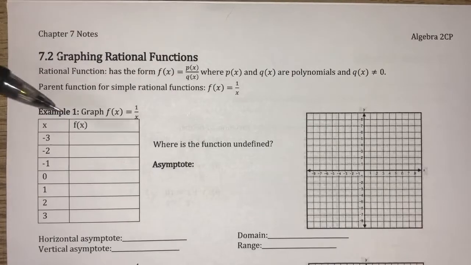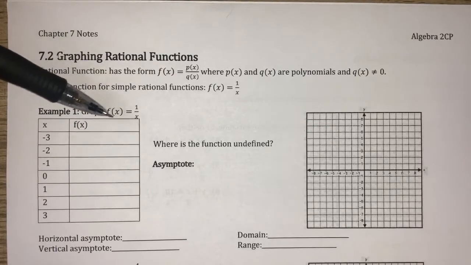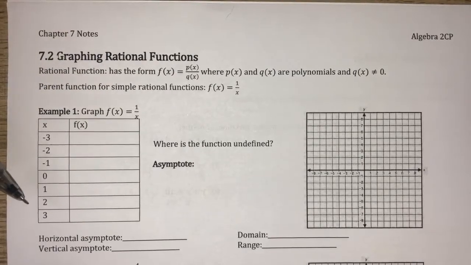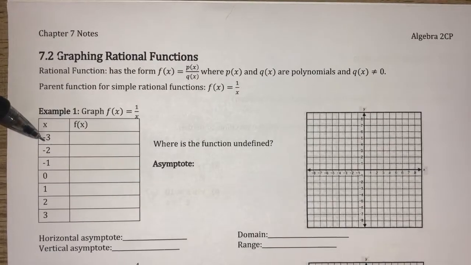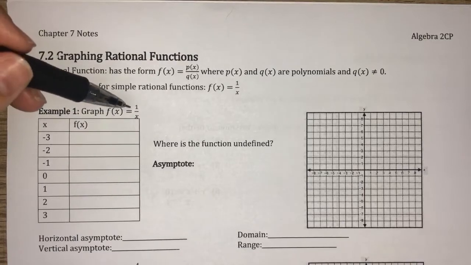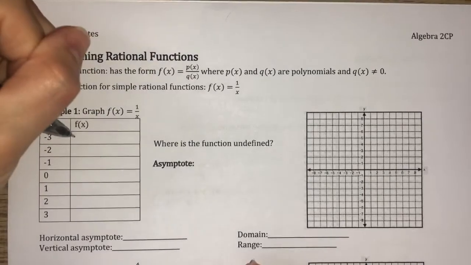So example 1 is graph f of x equals 1 over x. We're given all these x values, and we're going to find the f of x value for each one. When x equals -3, f of -3 would be 1 over -3, or -1/3.